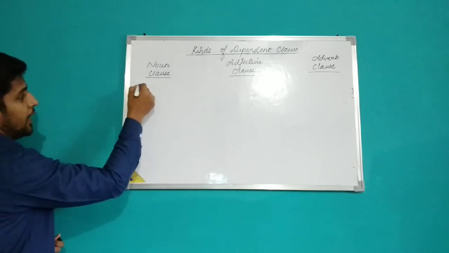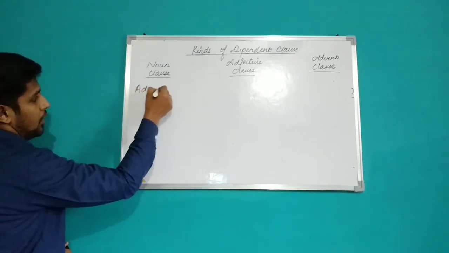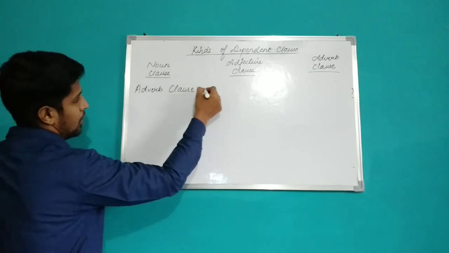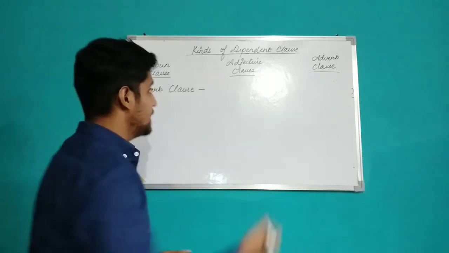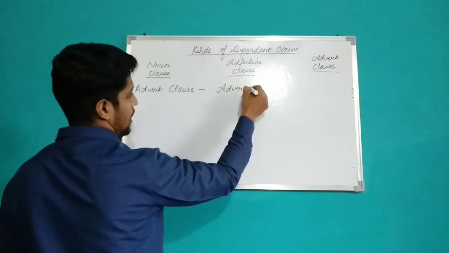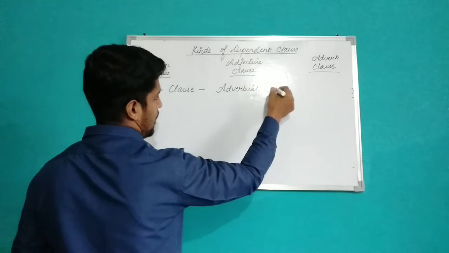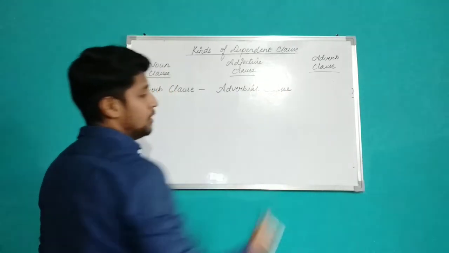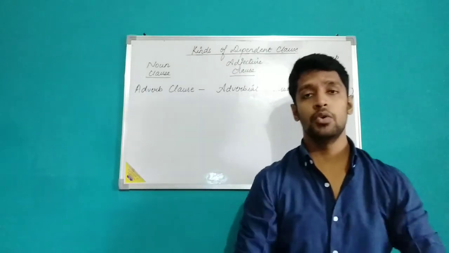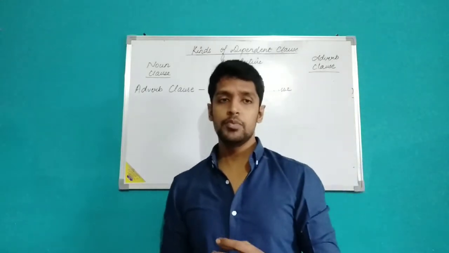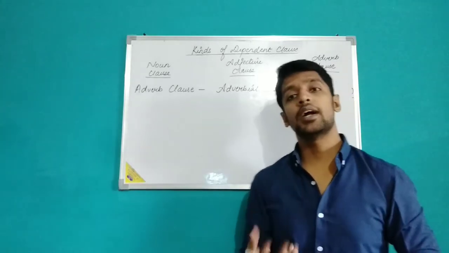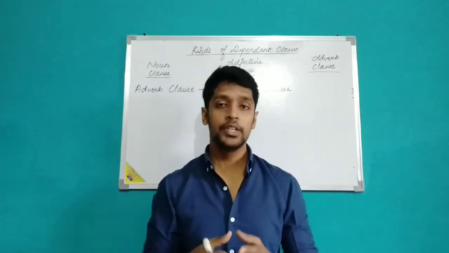Next comes the adverb clause. It is also known as the adverbial clause. Now, what is the job of the adverbial clause? As we know, adverbs are words which describe how the action is done in a sentence.